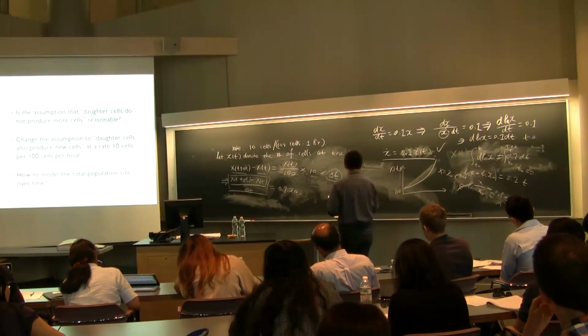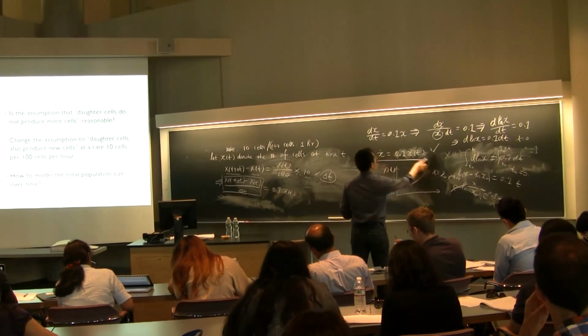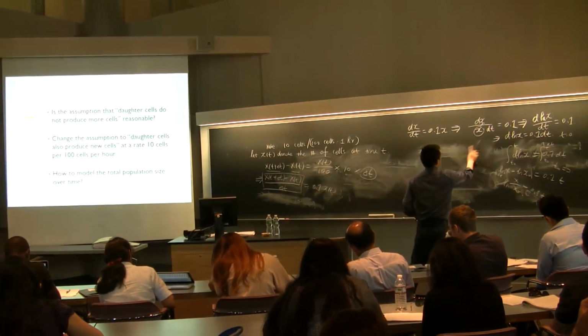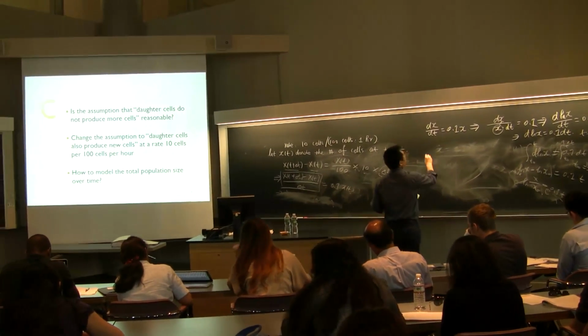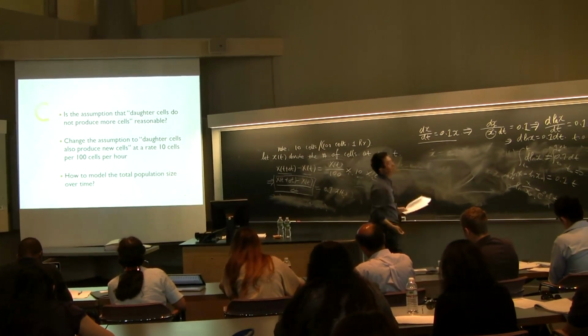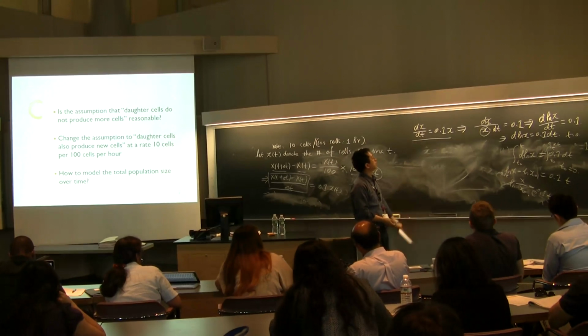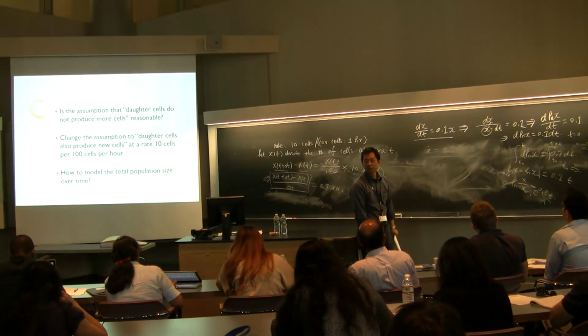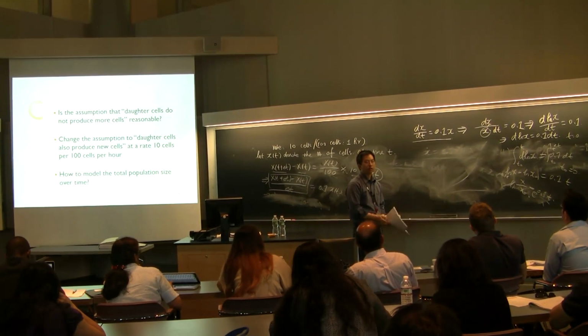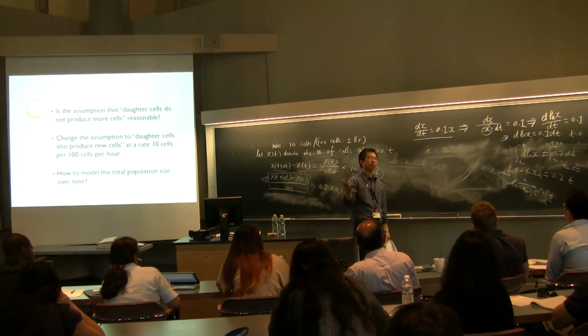Now I want to ask you a question. Now we have this model, right? And how will you interpret 0.1 here? Is that a probability?